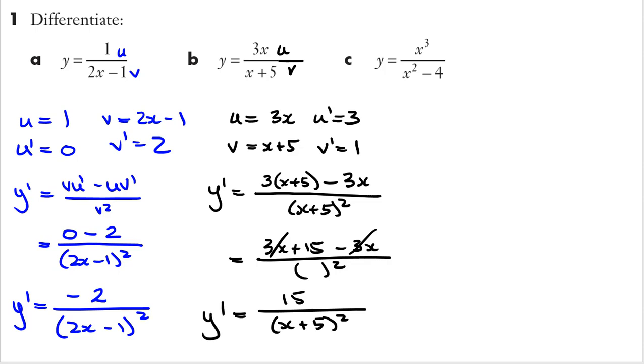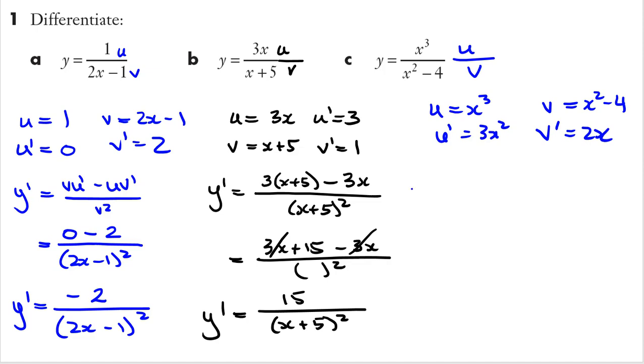For question C, again we're going to call this x cubed u. We're going to call the x squared minus 4 our v. So we'll go through the start of our question, and then apply the quotient rule. So v times u dash. We're going to have a little bit of expansion there. u times v dash, well that's just going to give us one term, 2x to the power 4, all over v squared.